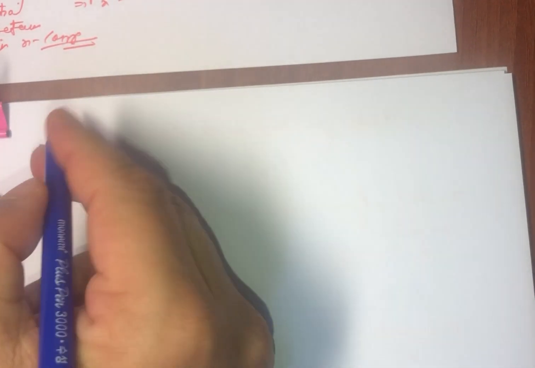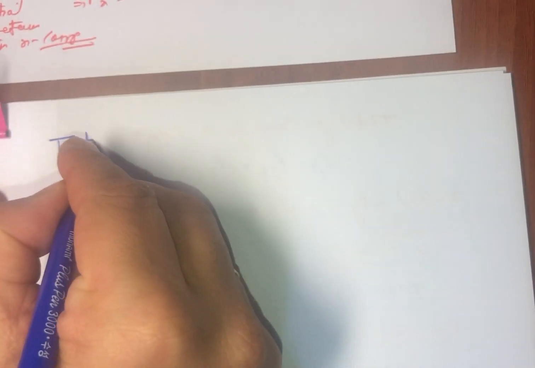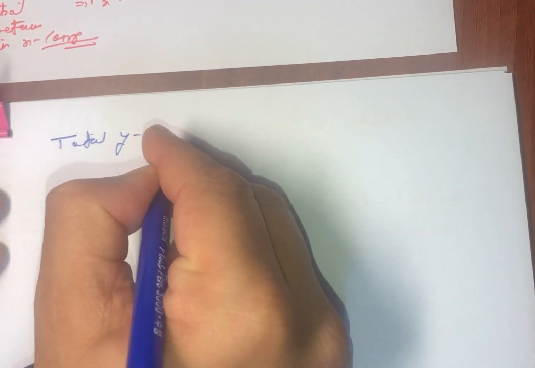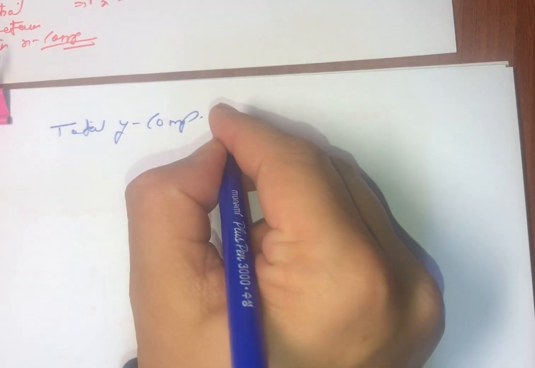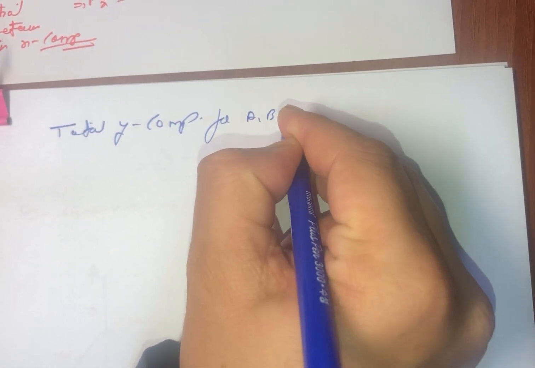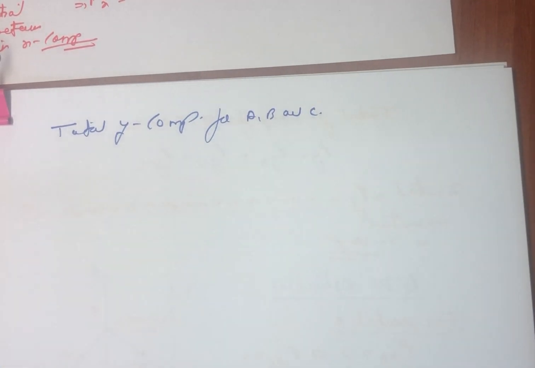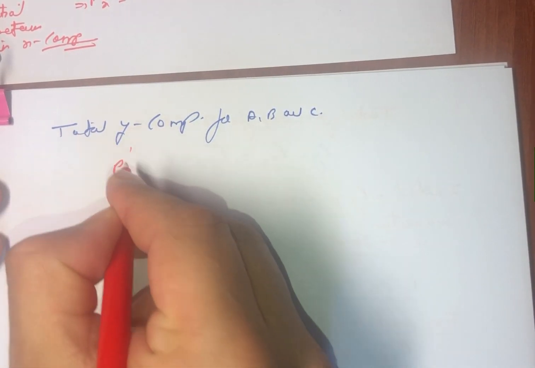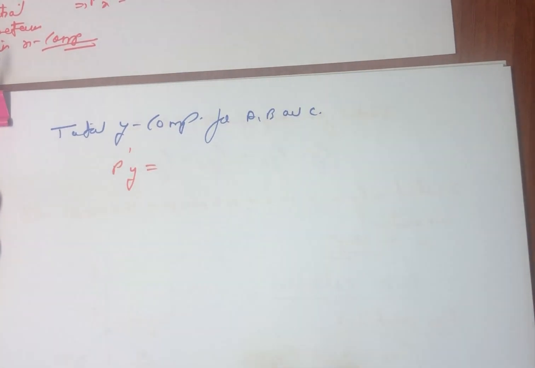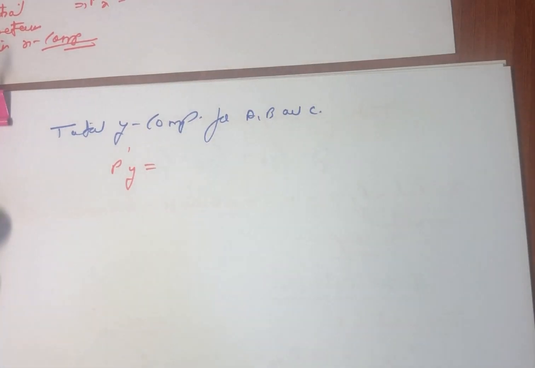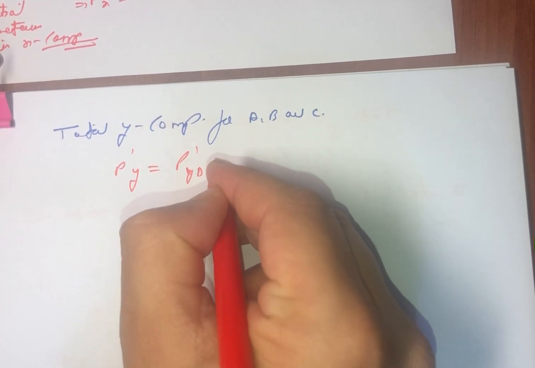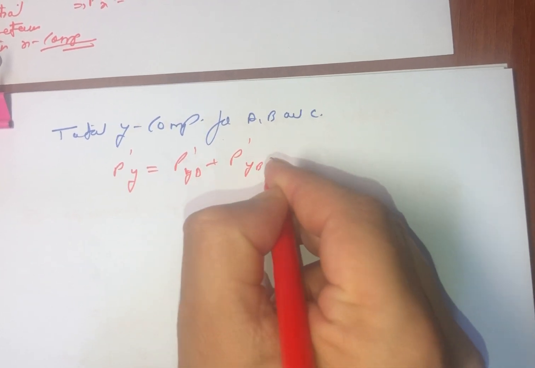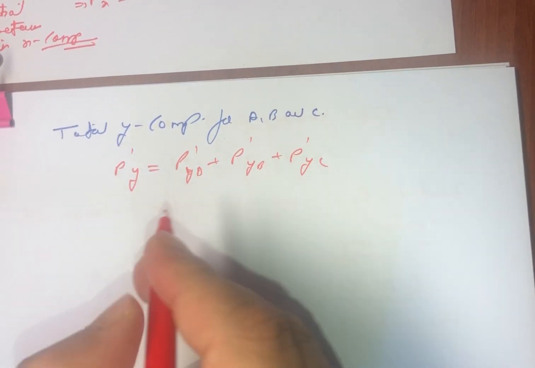So we can say total y component for A, B and C. Let us call this p prime y, which will be equal to p prime ya plus p prime yb plus p prime yc.